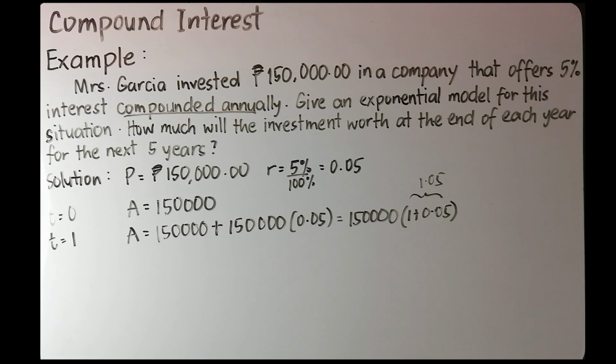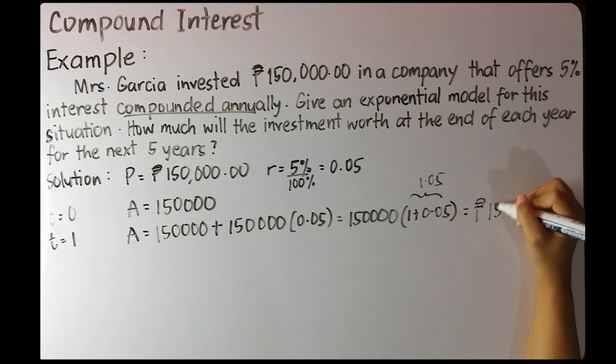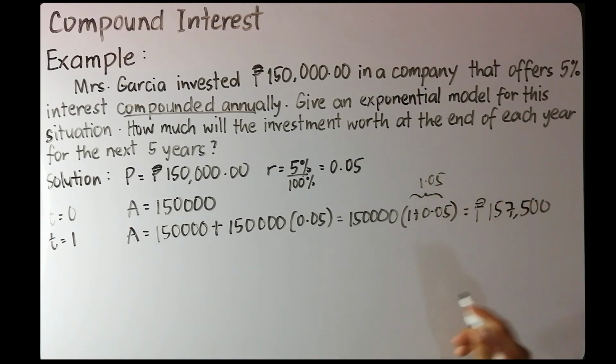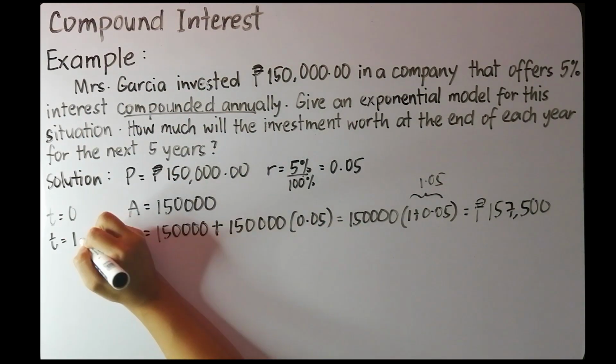So for the first year, you will have 150,000 times 1.05, which is equivalent to 157,500 pesos. That is the total investment of Mrs. Garcia for the first year.